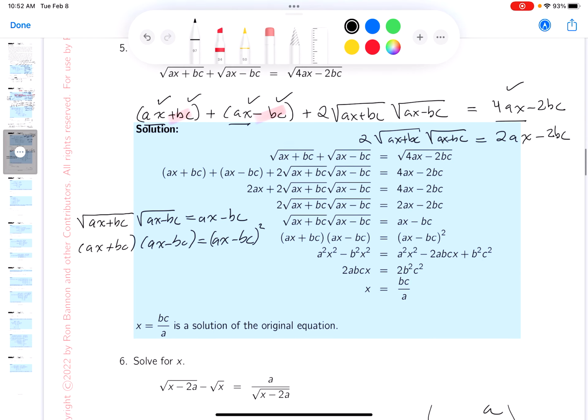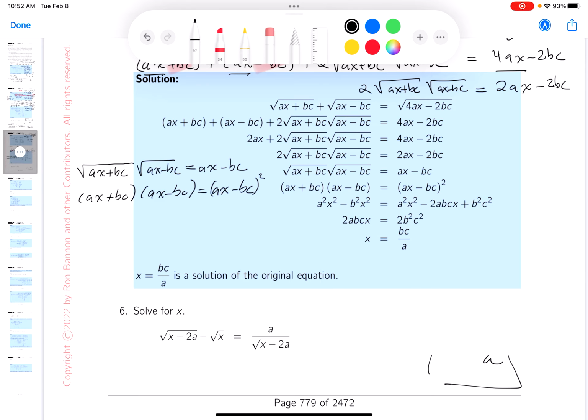Or I'm going to do something a little differently. I'm going to write it as a zero product rule. So ax plus bc times ax minus bc minus ax minus bc squared equals 0.